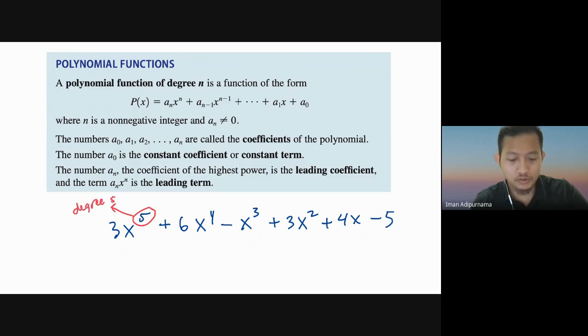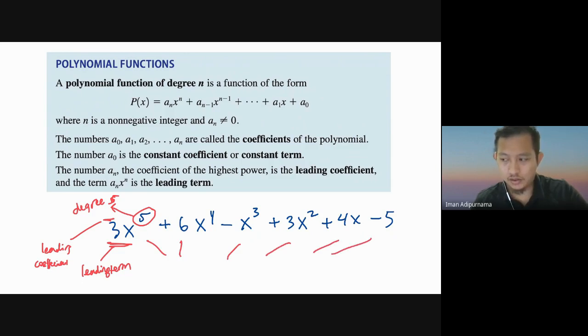So this is a polynomial of degree 5. This is the leading term. This is the leading coefficient. And each of these has its own coefficient.